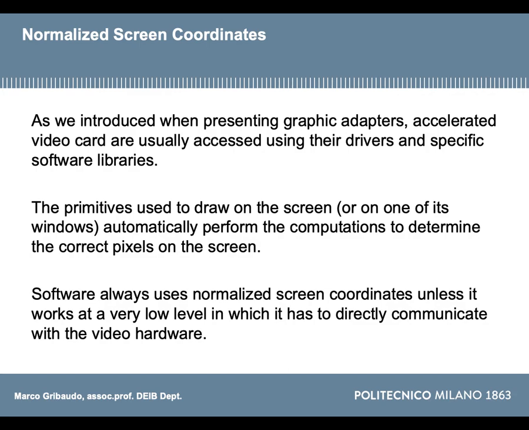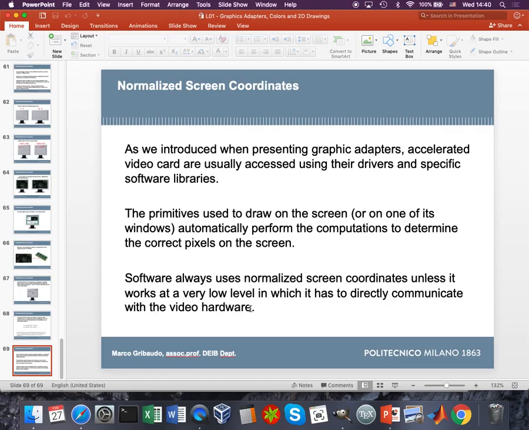Okay, so we will never put one pixel at pixel position 341 horizontally and 227 vertically, but we will always position one pixel with two coordinates that are between minus 1 and plus 1. Okay? Okay, so at this point you can already do your first assignment.